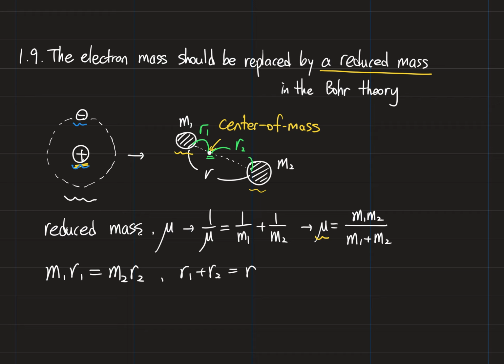This is one of the exercise problems in the textbook. You can combine these two equations, and now you can express each distance ri, where i is 1 or 2, using the masses and the total distance.